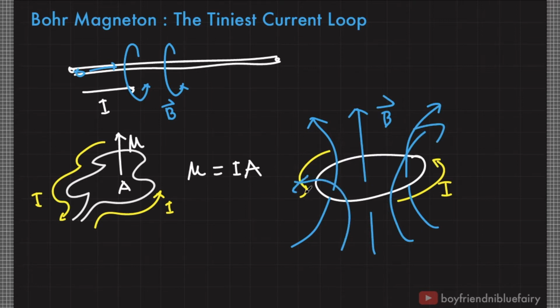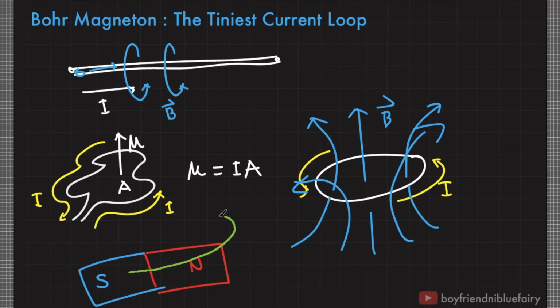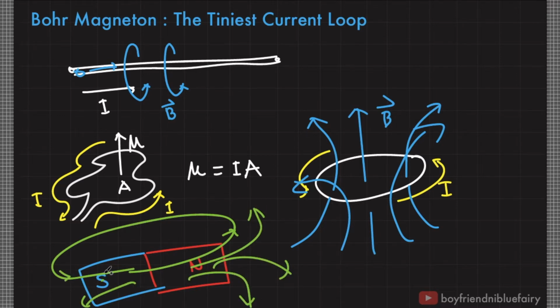But how about if we have a permanent magnet? Recall that a permanent magnet can produce its own magnetic field. So how can a permanent magnet produce its own magnetic field?